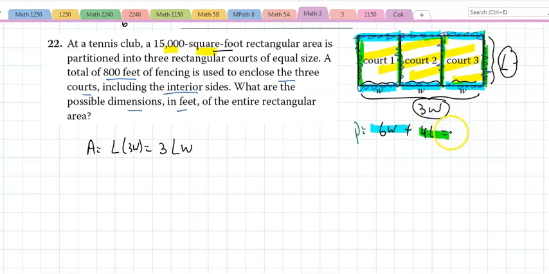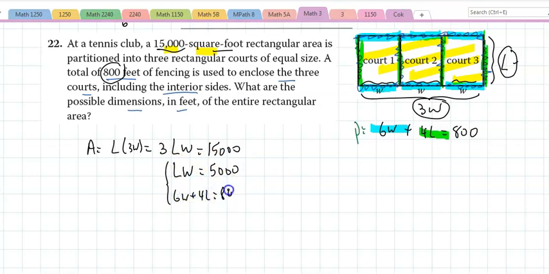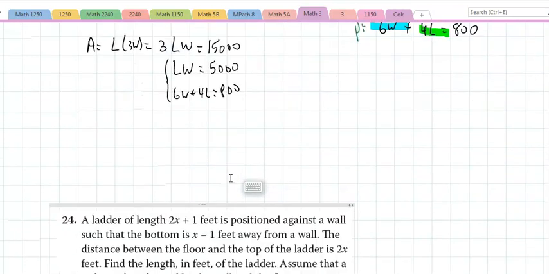And that equals a total of 800. So this is like 2 equations, 2 unknowns from back in algebra. And this area we said was 15,000. So length times width is actually, if I divide by 3, 5,000. So I have a system of equations. I don't know if you remember that from back in the days. Let me refresh your memory really quick.